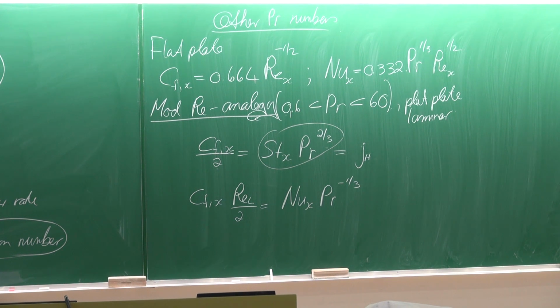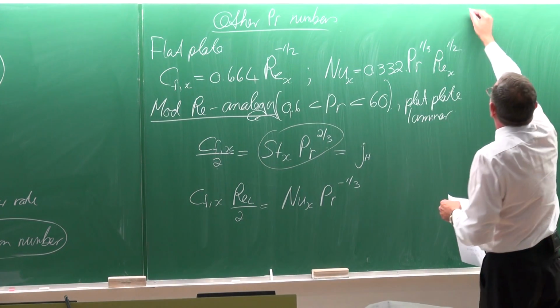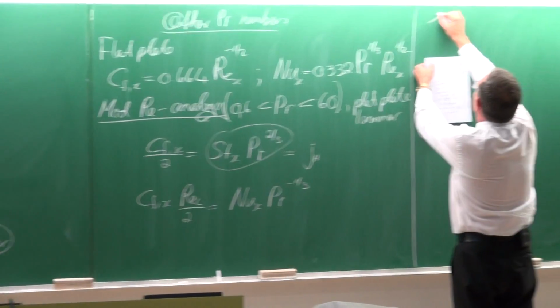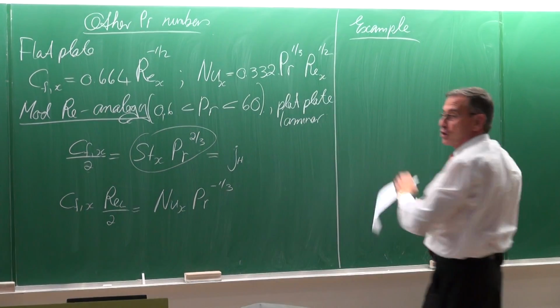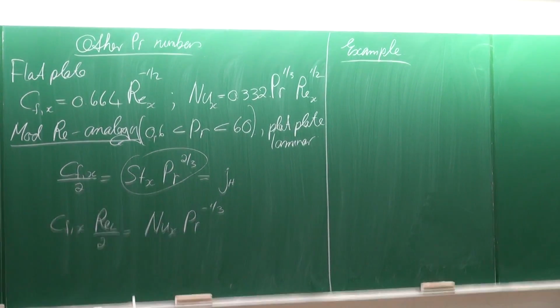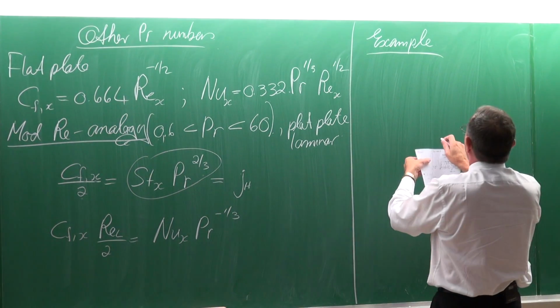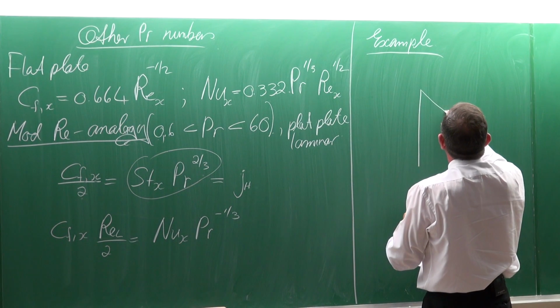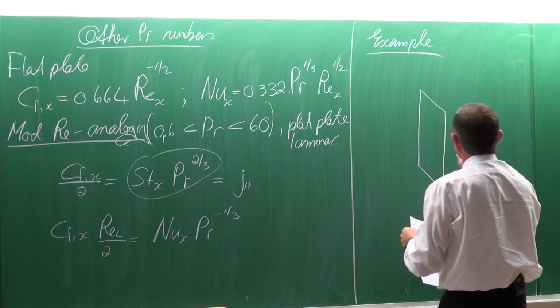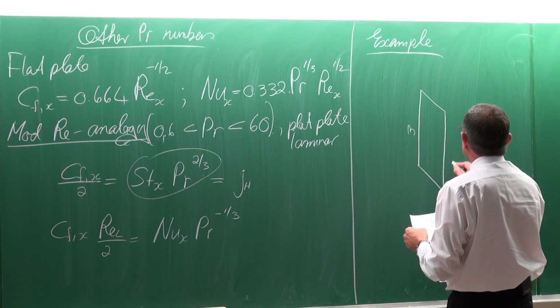Now let's do an example. Do not think of this example as just lots of formulas that we have to push values into. The example is typically of a flat plate, with dimensions of 3 meters and 2 meters.